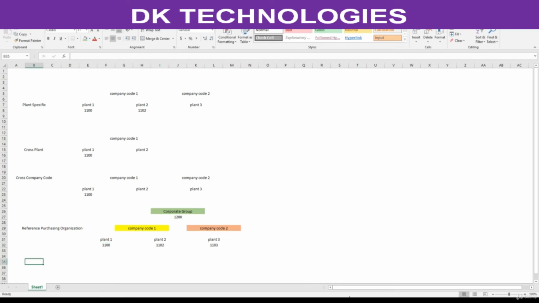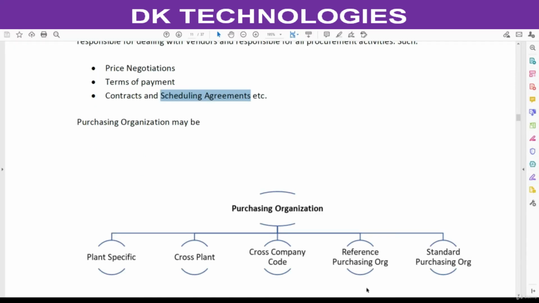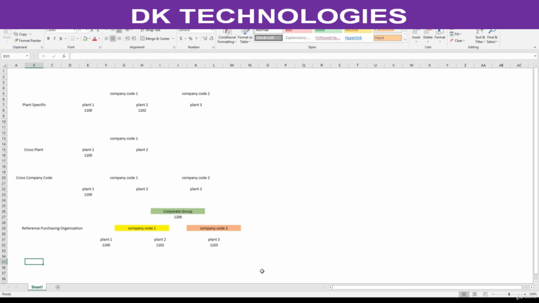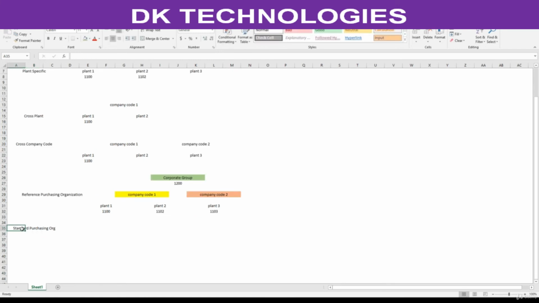We have another one here. This is a standard purchasing organization. Why we need standard? See, standard purchasing organization is required for creating automatic PO.